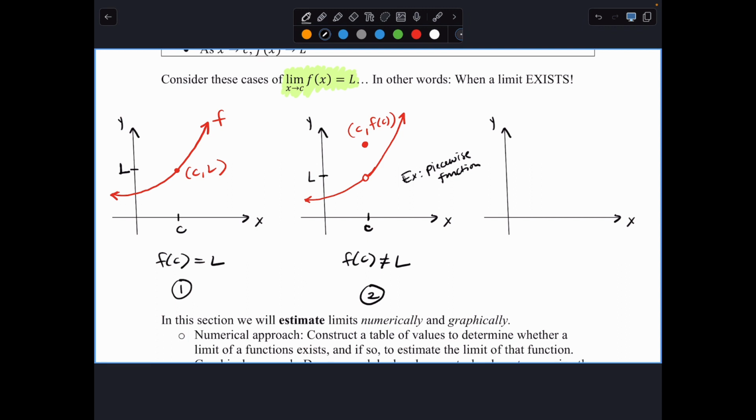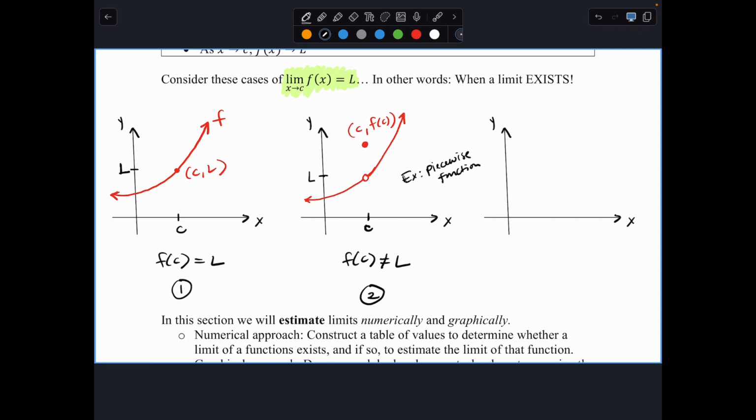The function is not continuous at c. We've talked about continuity. What type of discontinuity would this be an example of? Remember there were the two classifications? Removable. Yes, it's removable, because we would think about removing that discontinuity just by filling in that one point, (c, L).